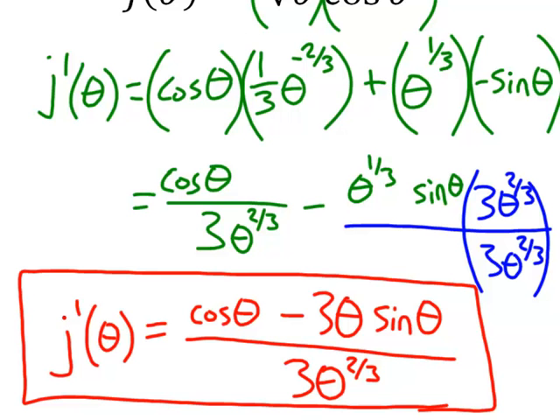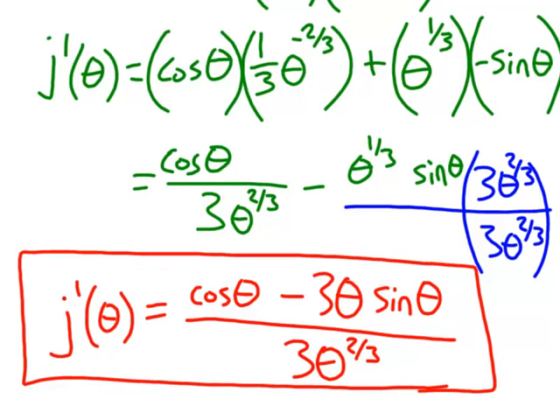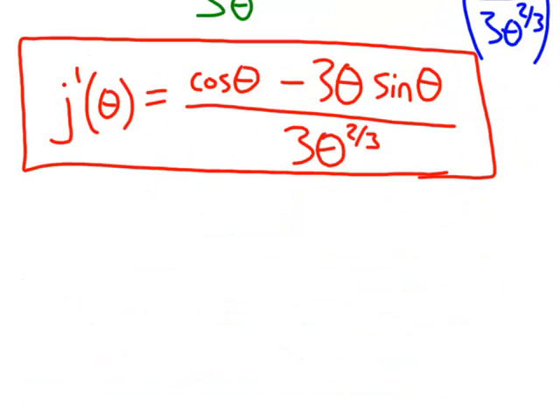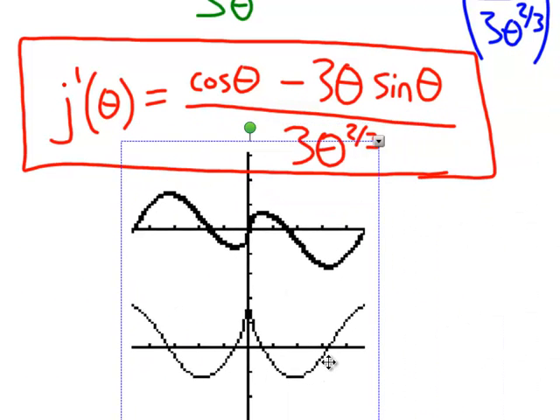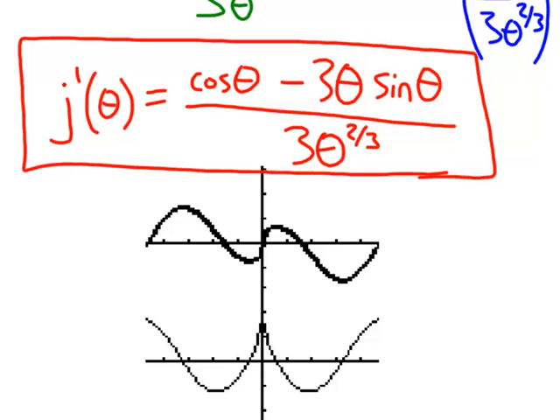I'm not going to take the time to do that in this video. What I will do is simply say, let's imagine that we were to graph the original function and its derivative. So rather than go through the full checking process, I just want to point something out. And if we've done it in class, I'll emphasize this. If we haven't done it in class, I'll introduce you to this idea that this here is j of theta, and the bottom graph represents j prime of theta.